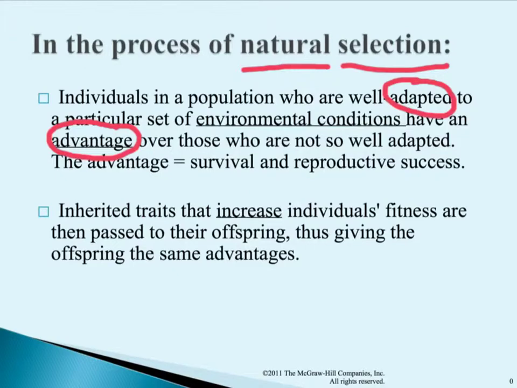This advantage means that they survive and are able to go on and reproduce. The second part of this is that traits that humans inherit from their parents, from their ancestors, that make them more likely to adapt, that make them fitter, are then passed on to their offspring, thus giving the offspring the same advantages.